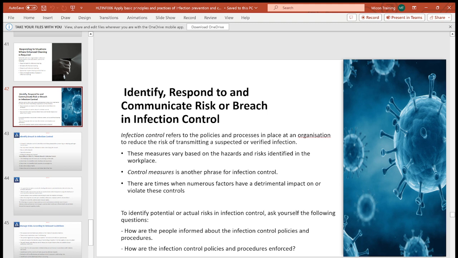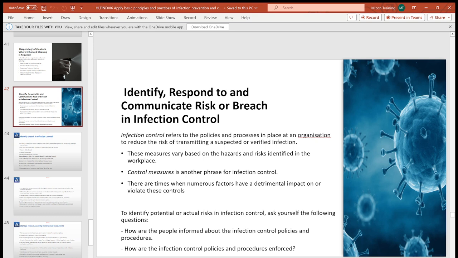There are times when numerous factors impact or violate this control. So to identify potential and actual risk in infection control, we are expected to ask ourselves some questions which will help us with identifying the root cause.